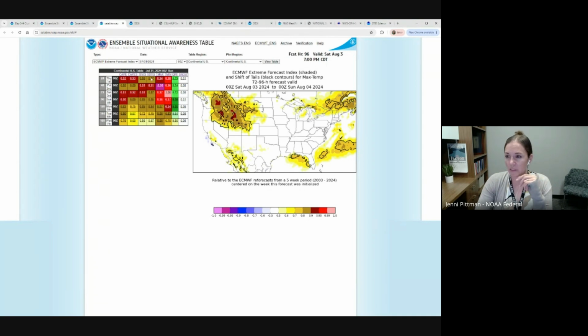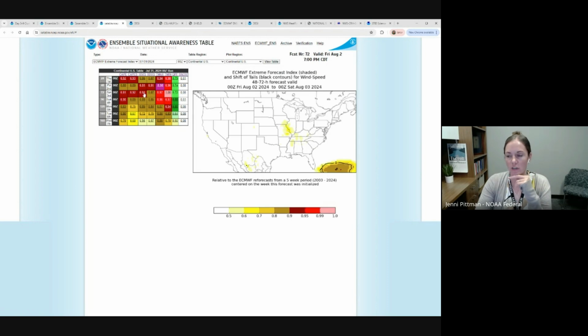We can look at other things here too. If you were concerned about severe weather, you could be looking at CAPE. If you're concerned about fire weather, which we certainly are in the West, you could be looking at wind speed. But fortunately, under the ridge, wind speed, at least non-influenced by local factors, doesn't look too anomalous under this big ridge in the West.